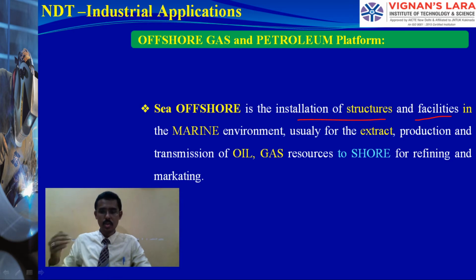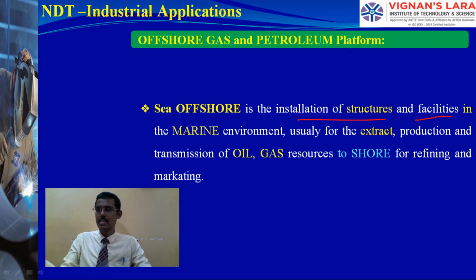pipelines throughout the oceans. Therefore, for all this underwater process we have to do inspection, because more corrosion is involved and there is a quick cracking possibility. There also we need joining.